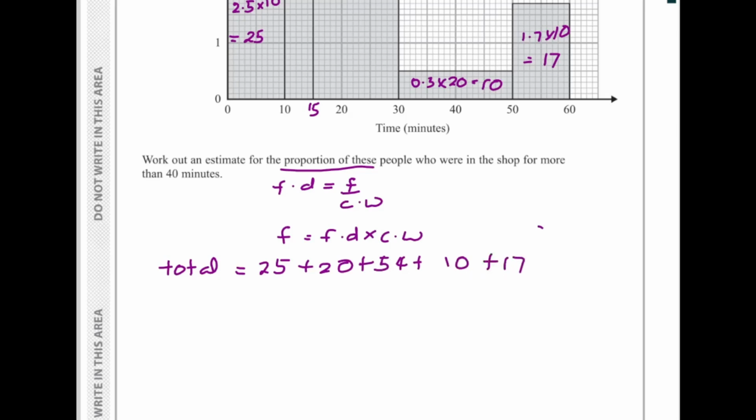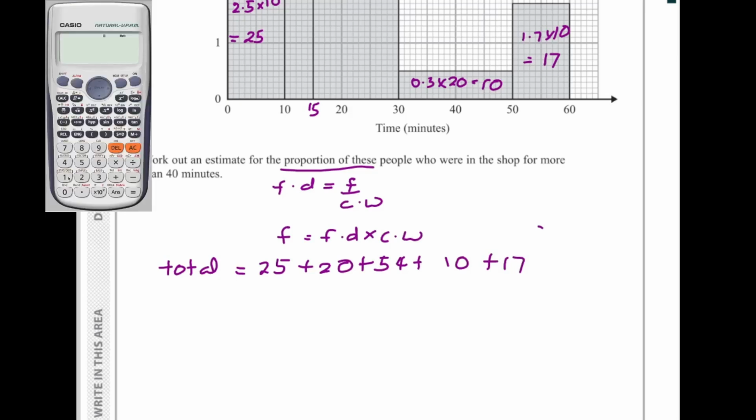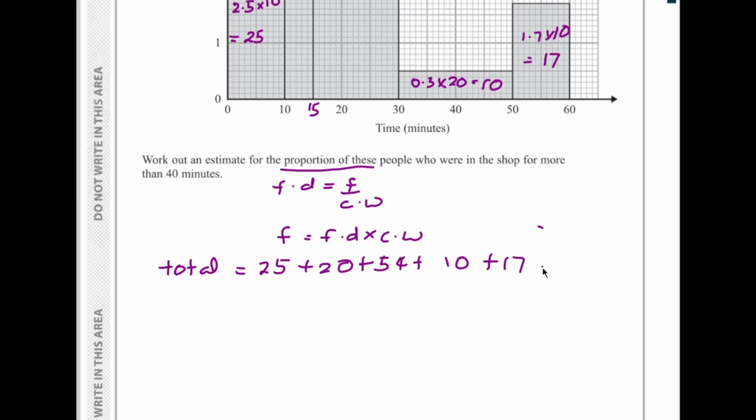Let's get the total people who were in that shop. 25 plus 20 plus 54 plus 10 plus 17. 126 people were in the shop.